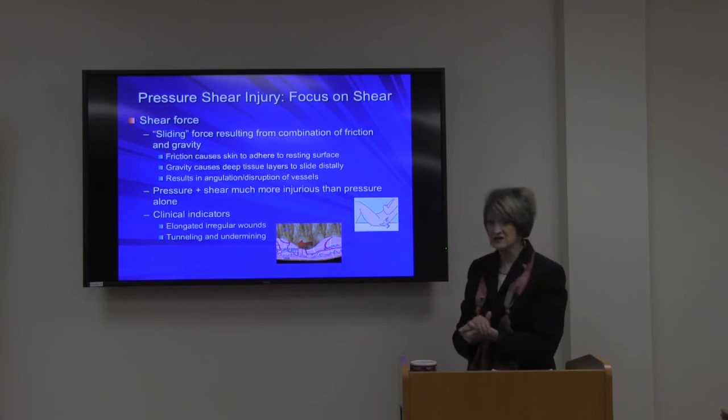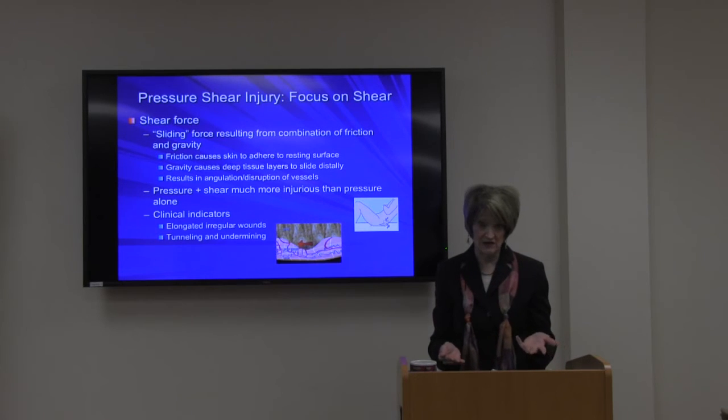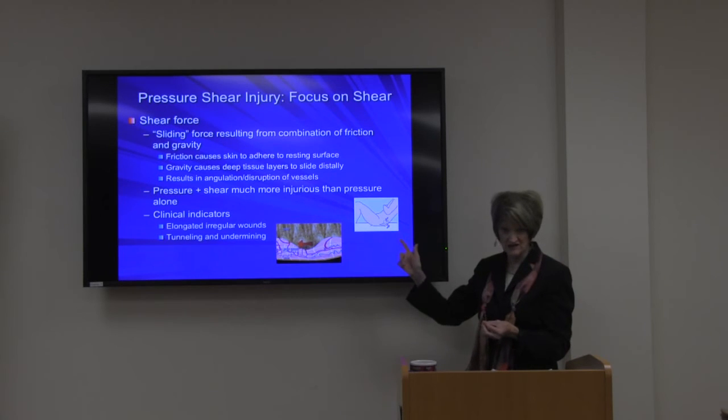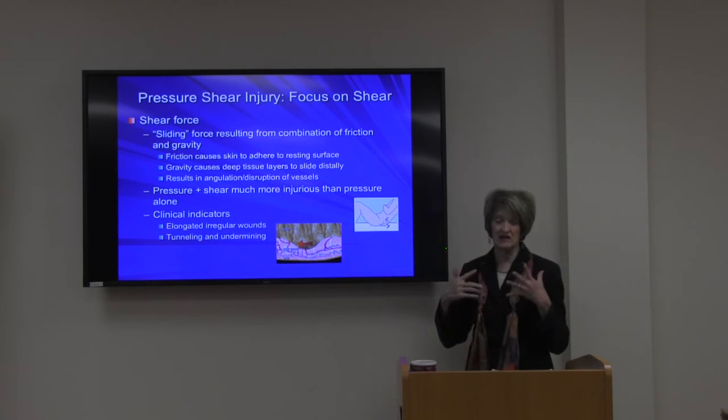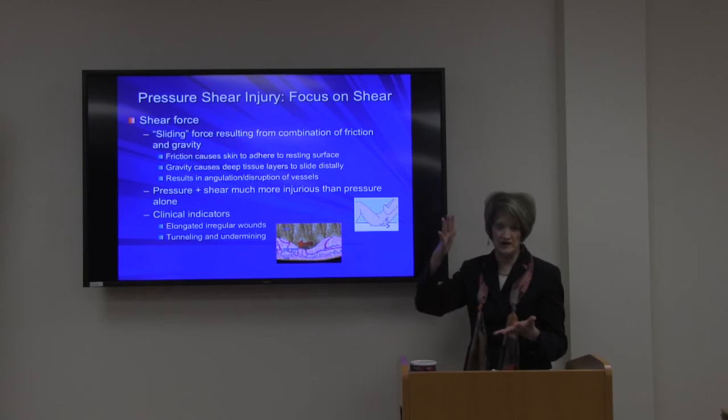How do I know that it's a combination of pressure and shear? First of all, location is a big indicator, because it's going to involve an area that was exposed to both pressure and shear. And the reason I put this in is because the sacrococcygeal area is an area very commonly exposed to both pressure and shear when the head of the bed's elevated.